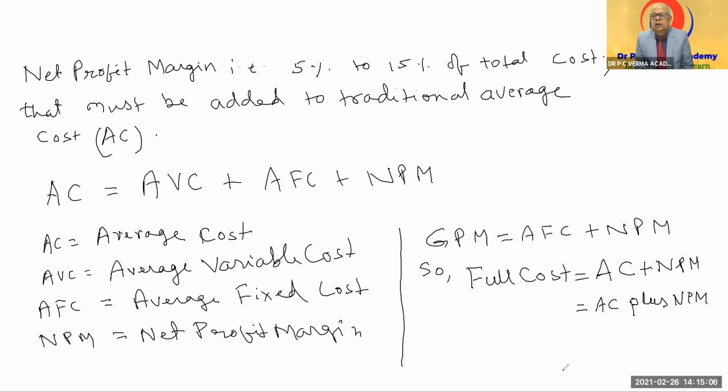Because in actual practice, corporate world found that they have to maintain many expenditures, and therefore the sudden expenditure, which are due to some sudden event, may be covered by NPM.